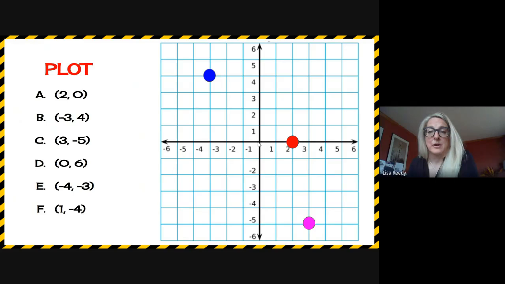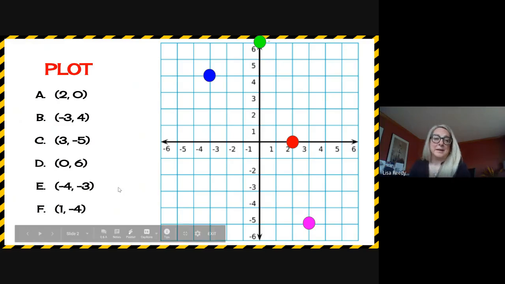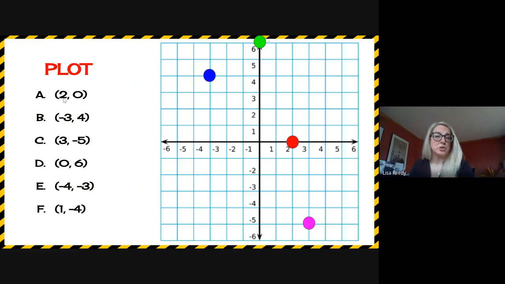So nowhere right or left, and then 1, 2, 3, 4, 5, 6 up, and that is where the point is. So when you think about it, this was a 6 on the y-axis. It shows you the 6 is the y, so it shows up as a 6 on the y-axis. Over here for the A, it was a 2 on the x-axis, so it did show up on the x-axis.